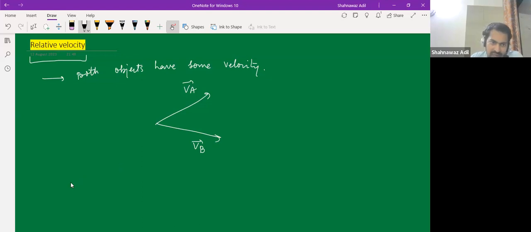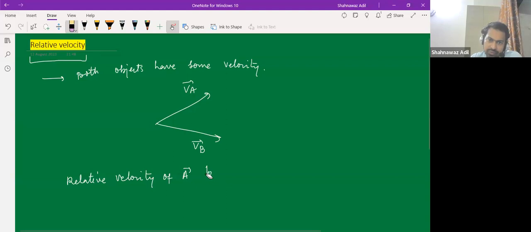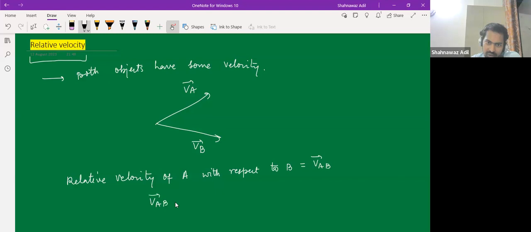So if we want to calculate the relative velocity of A with respect to B, we write it as VAB, right? You guys already know what this VAB is. This you guys have already learned. So what is this VAB?